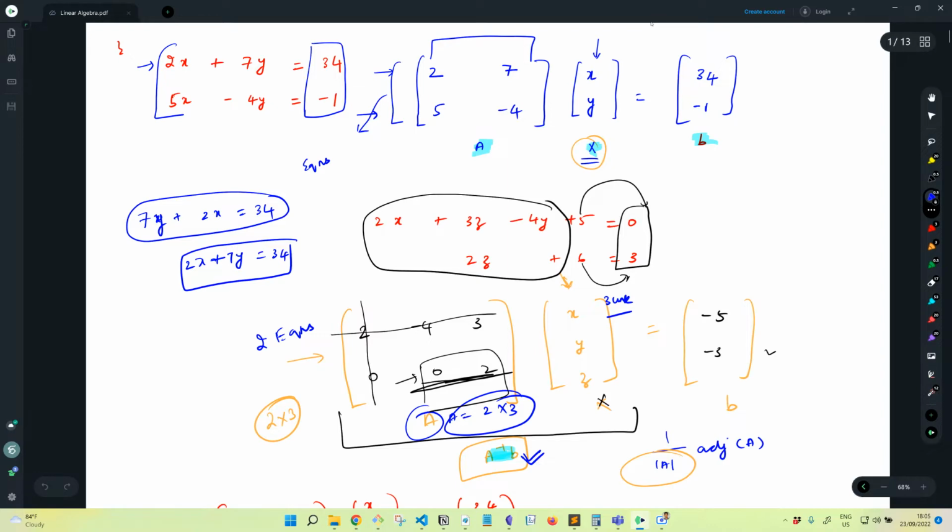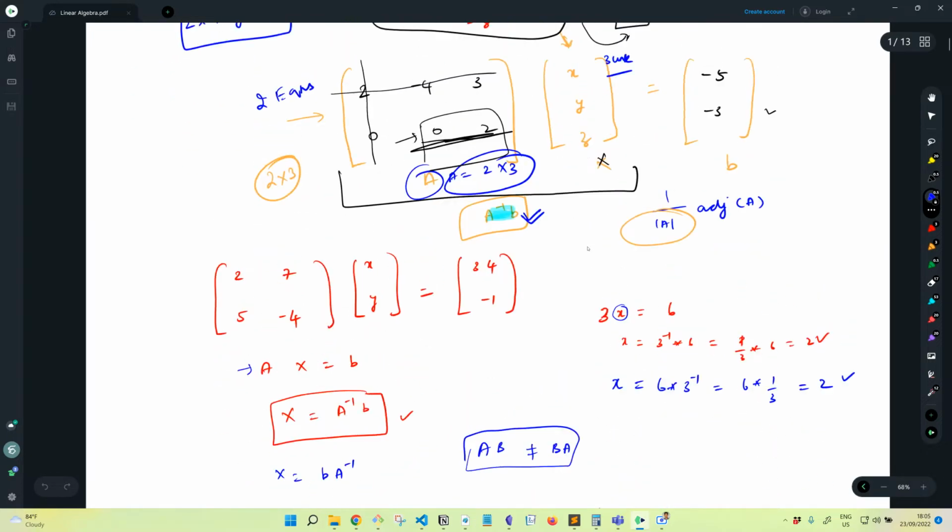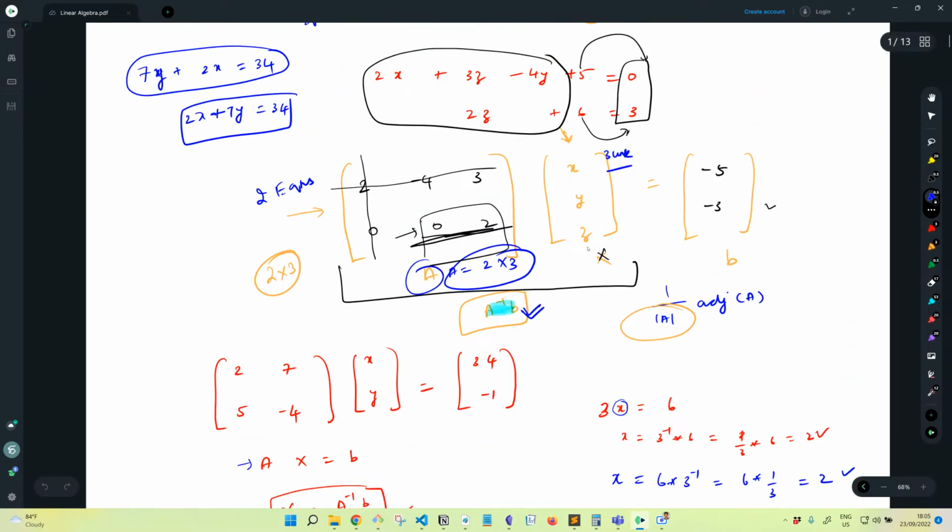Next, we saw once you put this in the matrix format, you can simply obtain the solution by taking A to the right hand side whenever it is possible. So you can obtain the solution to x by this formula, A inverse B.